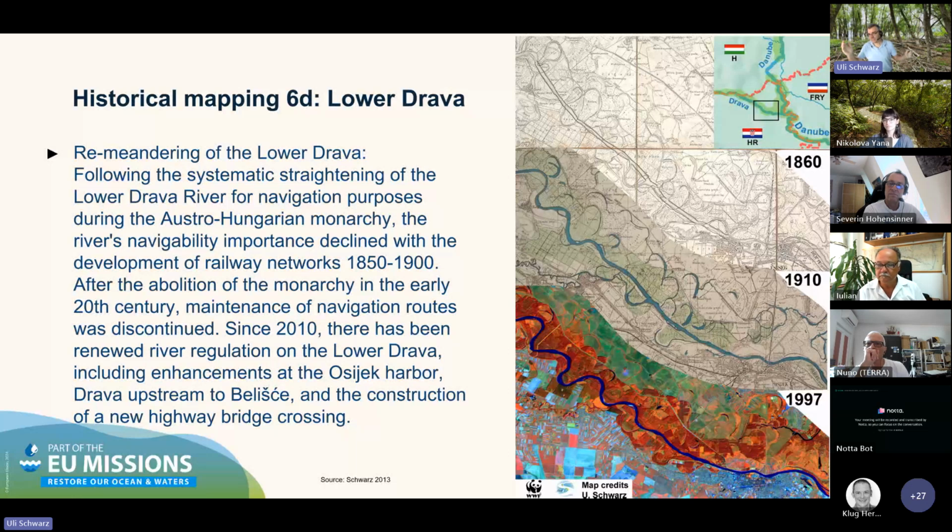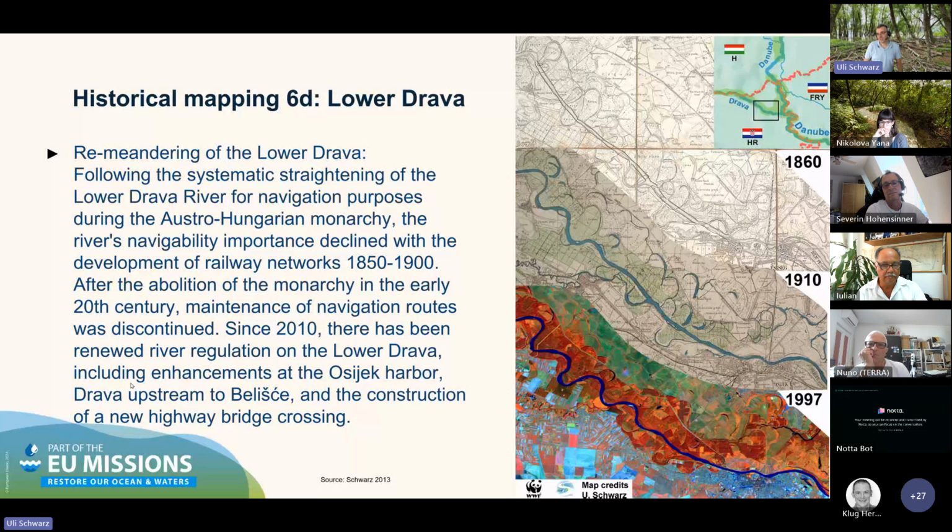So there was a Donaudampfschifffahrtsgesellschaft, a huge shipping company from Vienna, and they tried to go everywhere by big ships. But this rectification was not really successful, but long-lasting.